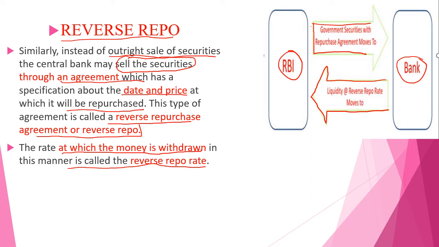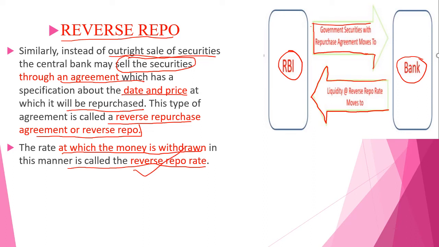So for taking money from commercial banks, the Reserve Bank of India gives or sells government securities to the commercial bank with a repurchase agreement. The repurchase agreement specifies the date and price of these securities. Here the Reserve Bank of India is taking money from commercial banks. The rate at which the Reserve Bank of India withdraws money from commercial banks is called the reverse repo rate.